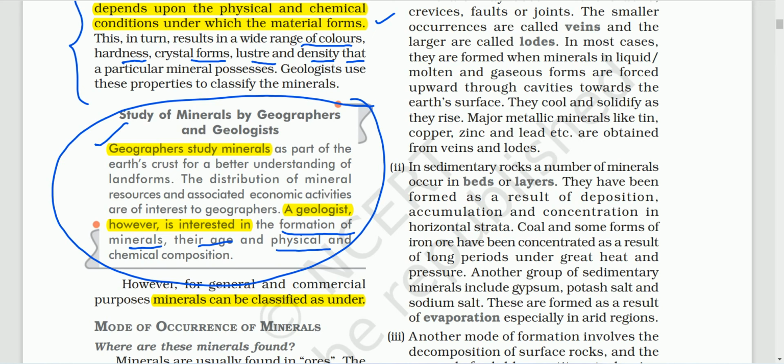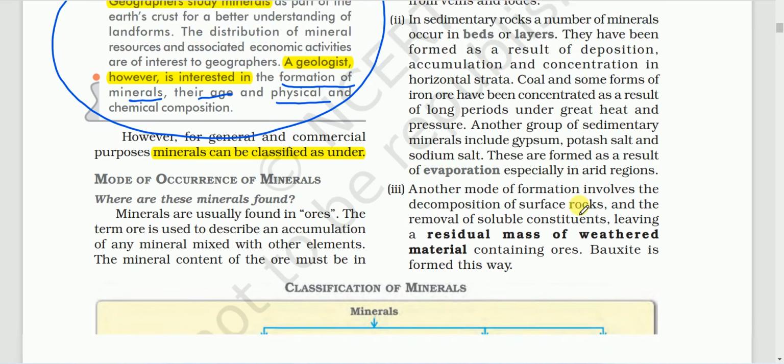All these are studied by a geologist. But for the geographers, we study the distribution and occurrence of the minerals, and the economic activities related with the minerals. So this is the basic difference between the geographers and the geologists in the study of minerals.